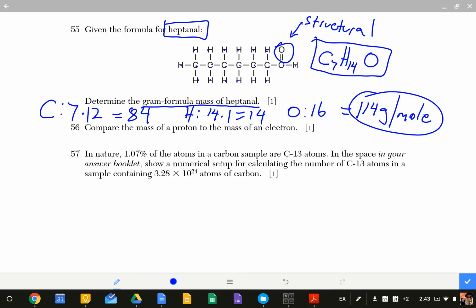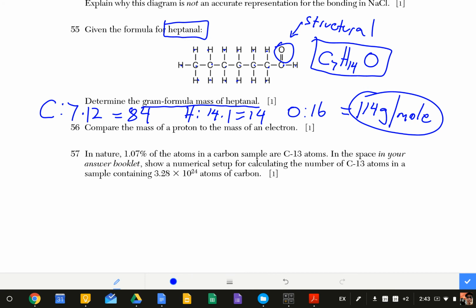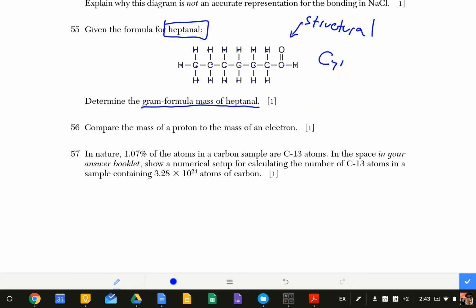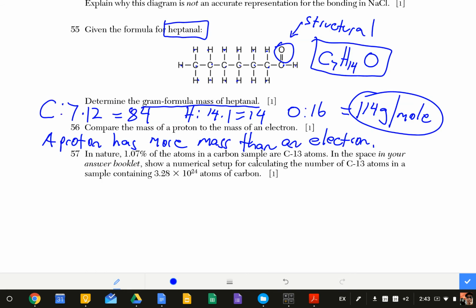So this is easy. If we go back to the question, the mass of a proton versus the mass of an electron, a proton has more mass than an electron. That's putting it mildly.